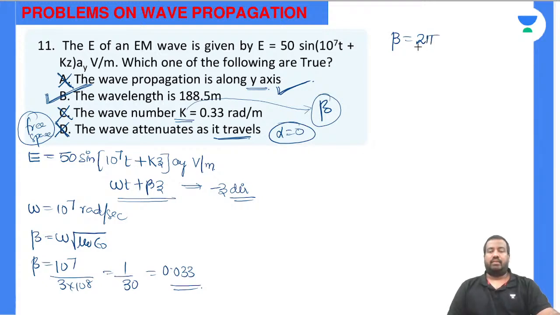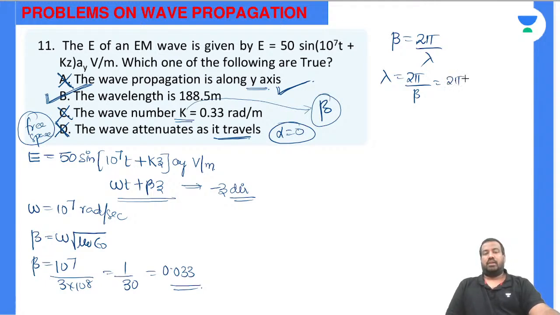Wavelength. Beta is 2 pi by lambda, so lambda is 2 pi by beta. Two pi by 0.033 will be 188.5 meter. Done.